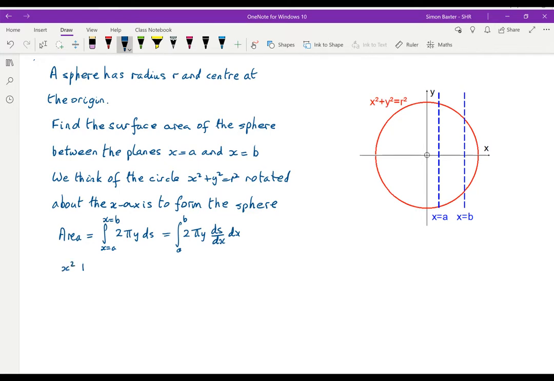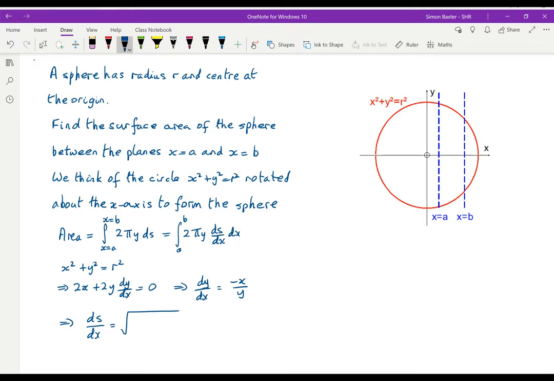We have x squared plus y squared is equal to r squared. If I differentiate that, I get 2x plus 2y dy by dx is equal to 0, which gives me that dy by dx is equal to minus x over y. So ds by dx is what I'm looking for.